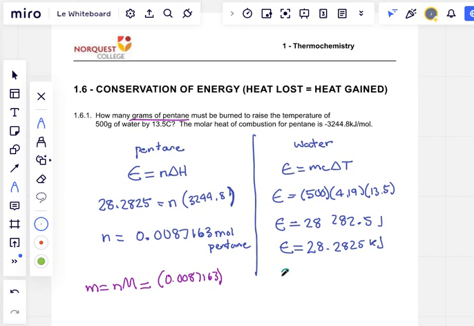Pentane, you can look it up in the data book, is C5H12. Carbon's 12.01, so 5 carbons are 60.05. Hydrogen's easy, 12 hydrogens is 12.12. Our molar mass is 72.17.